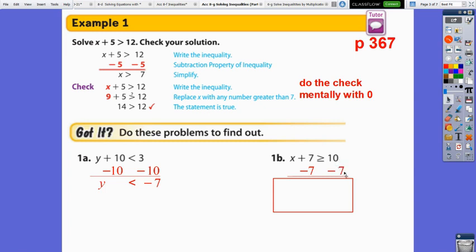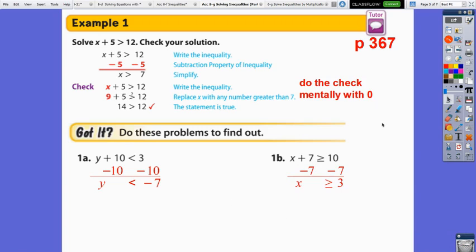If you only write 10 minus 7 on your paper, you are going to lose points. That's bad algebra. Maintain the balance. Subtract the same amount from both sides. 10 minus 7 is 3. 7 minus 7 is 0, leaving me with just x, which is what I want. And x is greater than or equal to 3. 0, again, would make this one false.